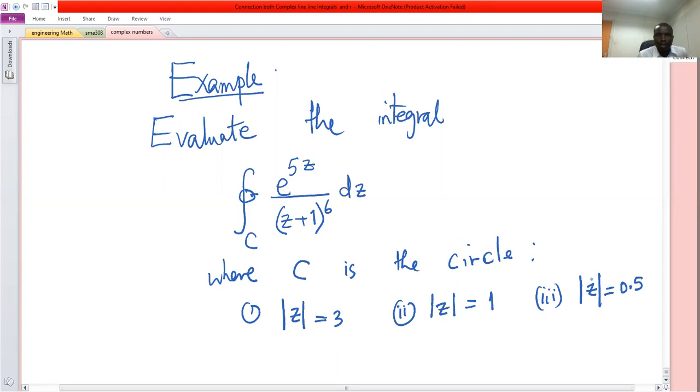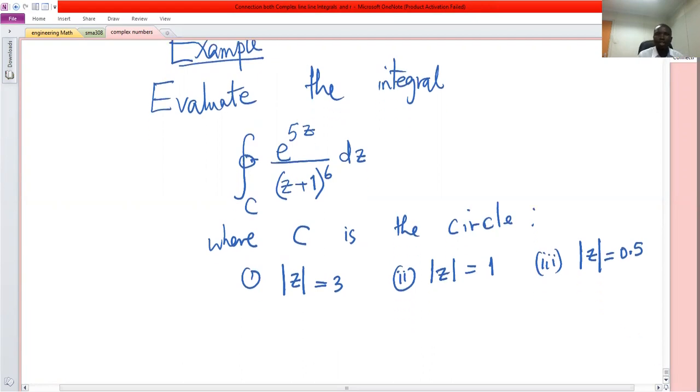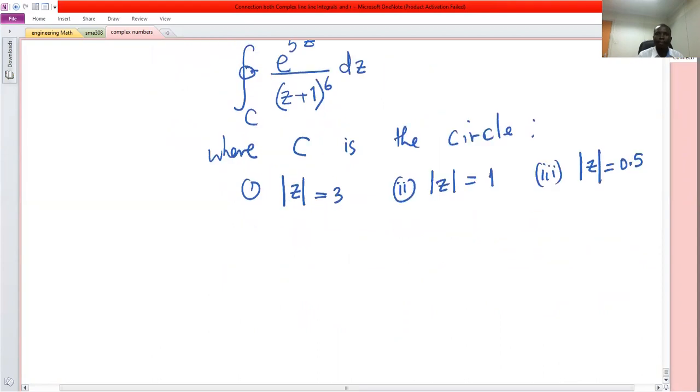So to evaluate this integral, we remember the Cauchy integral formula for derivatives. Solution.